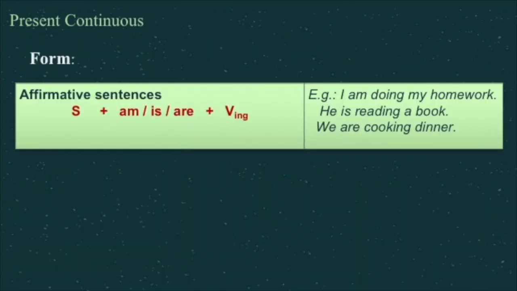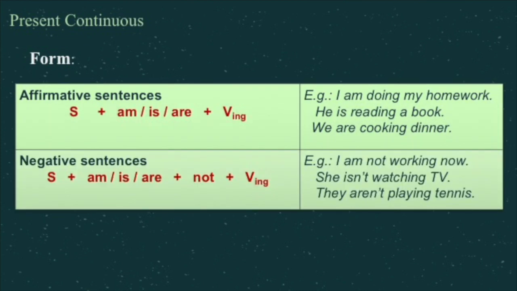In present continuous, we use the verb to be in present form. That means am, is, or are, and then a verb with -ing, which means that we have to add -ing to the verb. For example, I am doing my homework. He is reading a book. We are cooking dinner. In negative sentences, we just need to use not after am, is, or are.